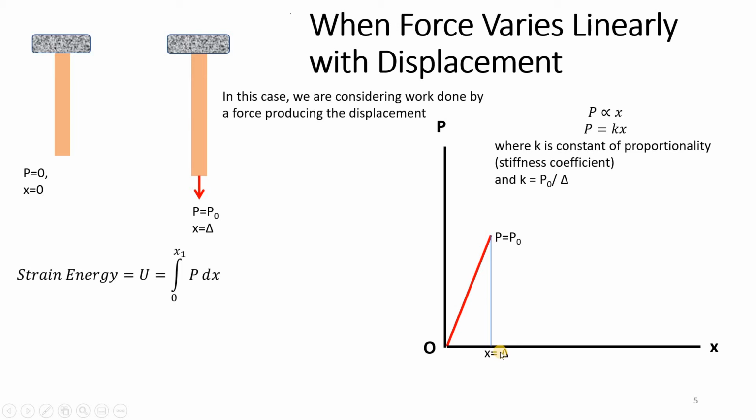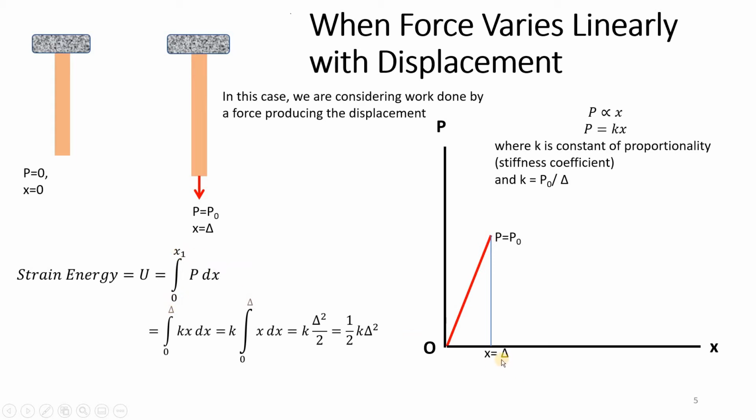So the strain energy, or the work done when displacement goes from 0 to delta, will be given by this expression. The general expression was what we have seen on the previous slide. Now we can have some specific values for x1, which in this case is delta. So we can write this down with x1 replaced by delta, because x1 was a general term that we were using on the previous slide.